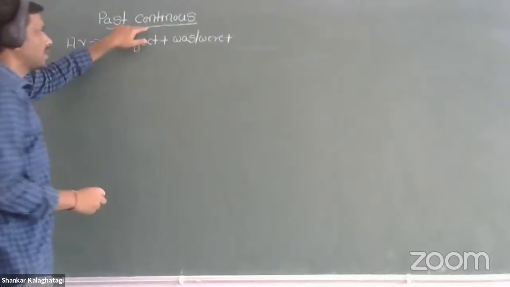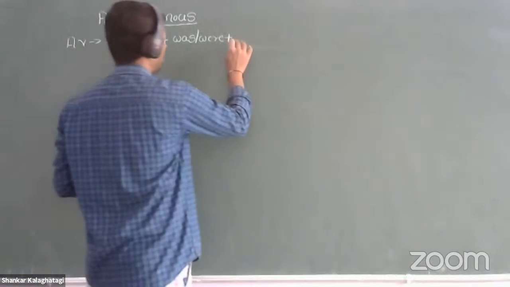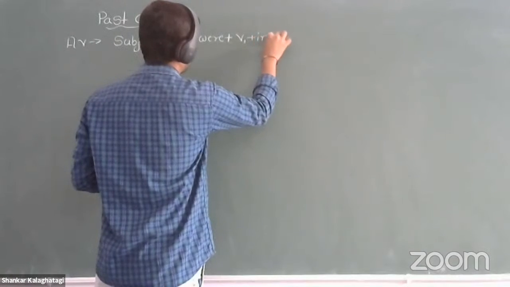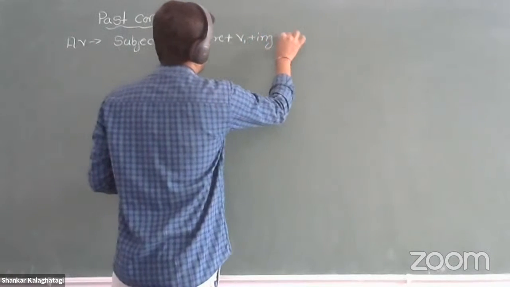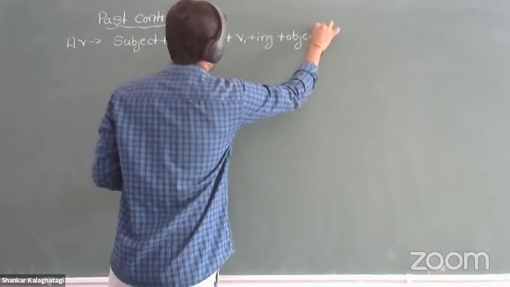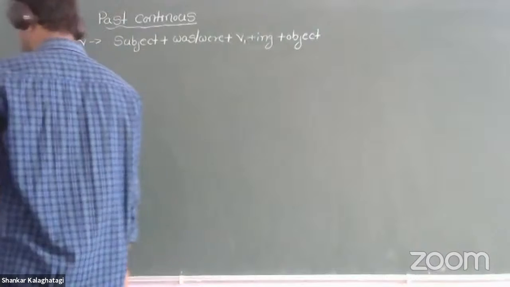It is continuous. Continuous means what we have to write there? V1 plus ing. At last we have to write an object. So this is our active voice.